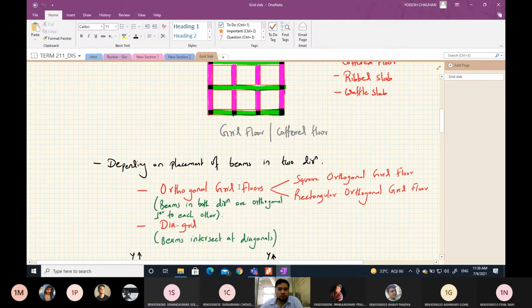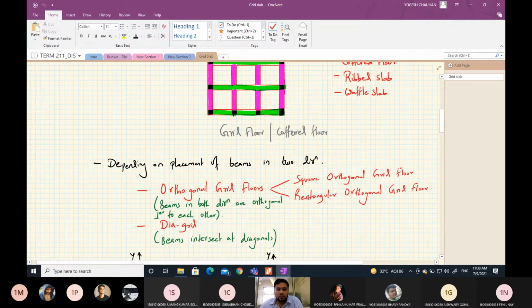Now, depending on the placement of the beams in two directions, it can be an orthogonal grid floor or a diagrid. In orthogonal grid floors, the beams in both the directions are perpendicular to each other. If the spacing of the beams in both the directions is the same, then it is a square orthogonal grid.